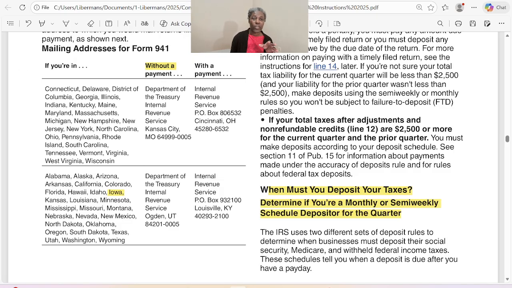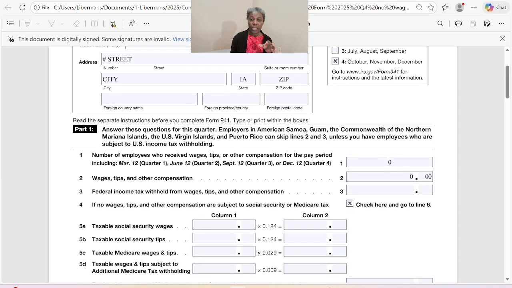You will put your pages 1 and 2 stapled in the envelope, and you mail it via USPS certified mail so that you can have that green tag, that green receipt with the tracking number. You staple that receipt with your receipts for paying USPS and staple it to the business record copy and file it for your business.